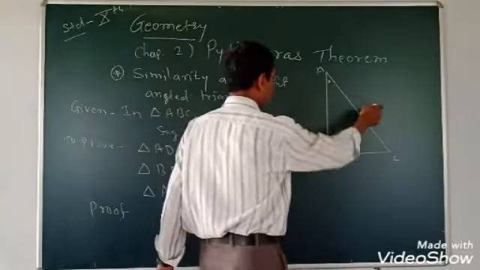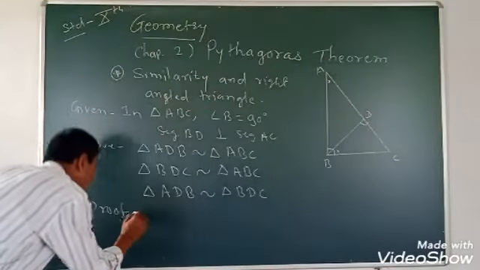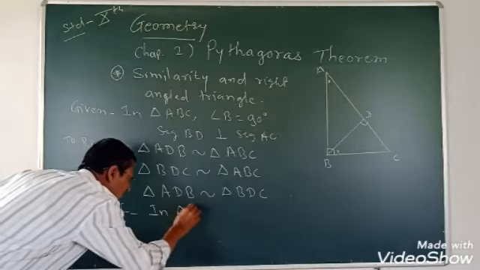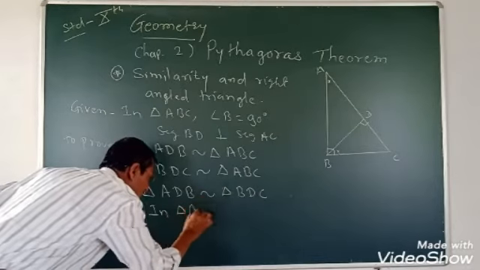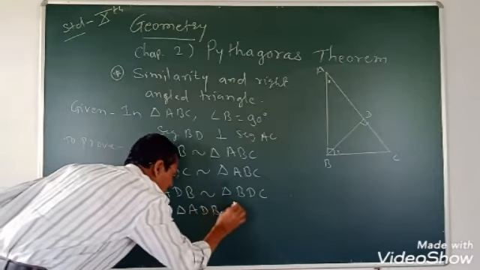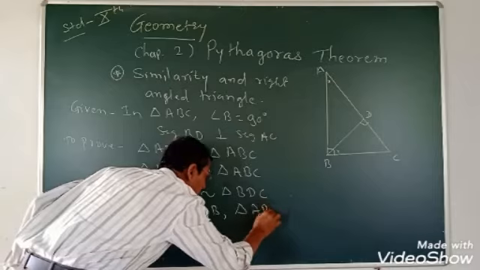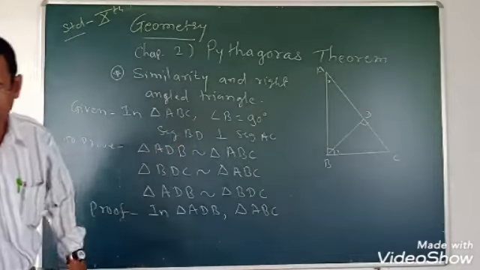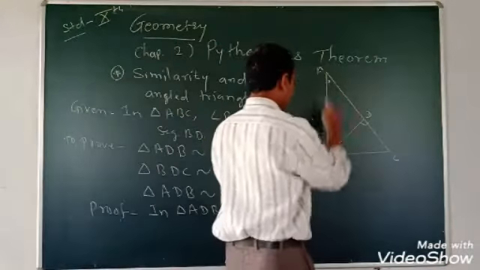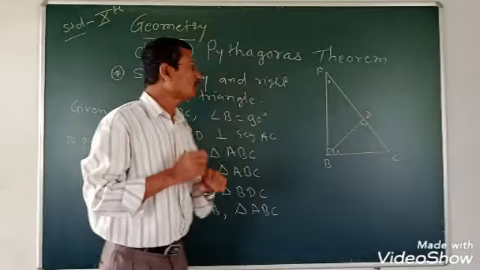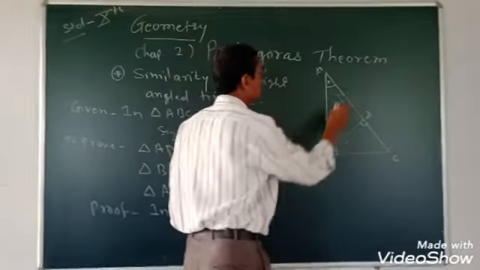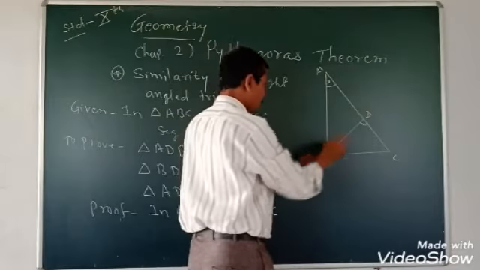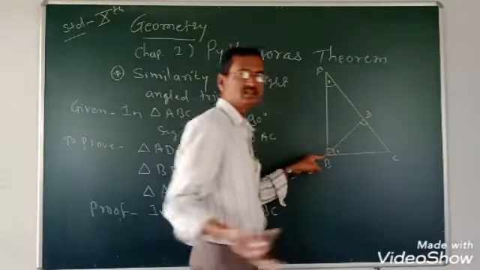Select these two triangles. In triangle ADB and triangle ABC, comparing these two triangles, what is common? Angle A is common in triangle ADB and triangle ABC.